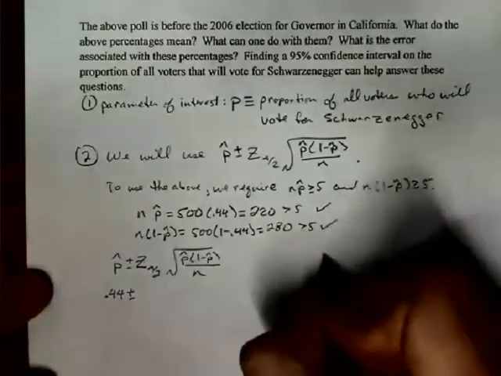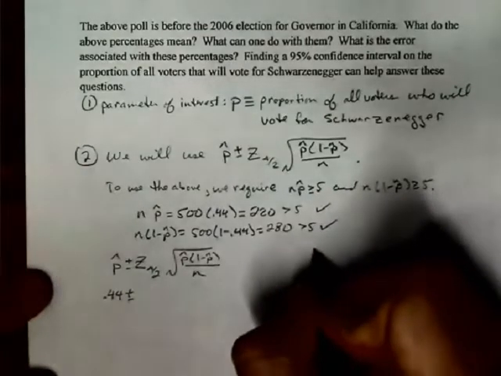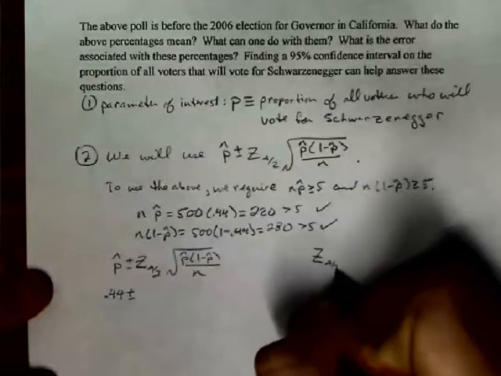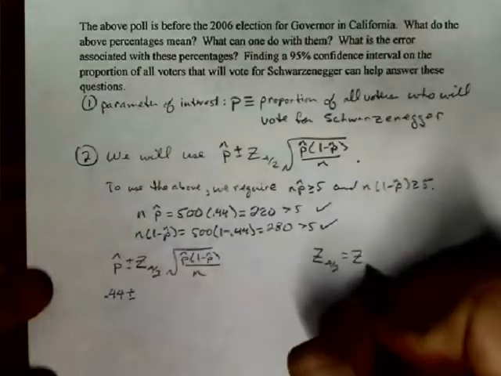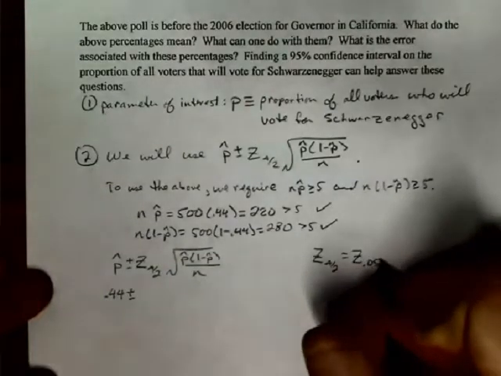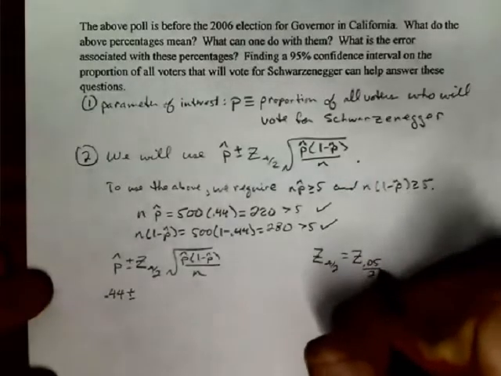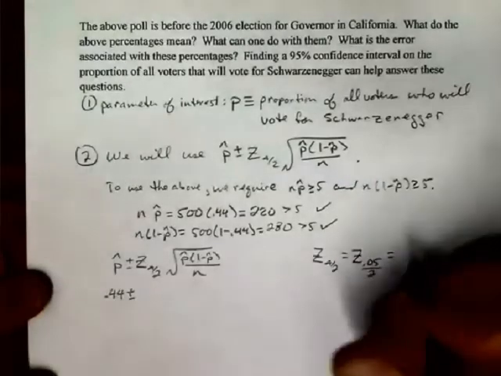Now, on the side here, I'm going to compute z sub alpha over 2. So here, z sub alpha over 2, again, this is a 95% confidence interval, alpha is 0.05. So we got z sub 0.05 over 2.